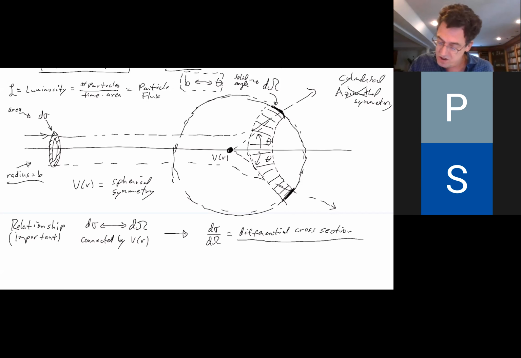And so because it's the particles that are going through that little bit of area that are then deflecting into different solid angles. For example, what if I picked an area here where the area is smaller and I shoot my particles through a different annulus, a smaller one, and if this is a repulsive potential, where are they going to scatter?